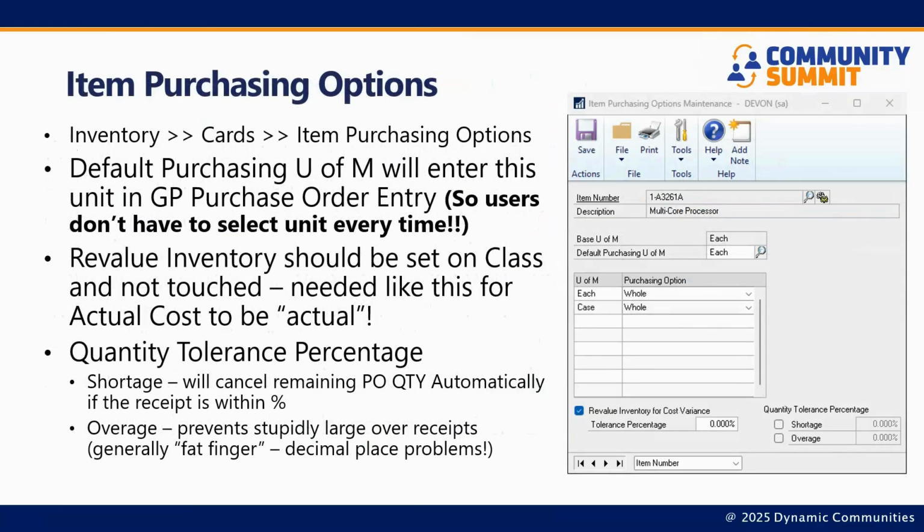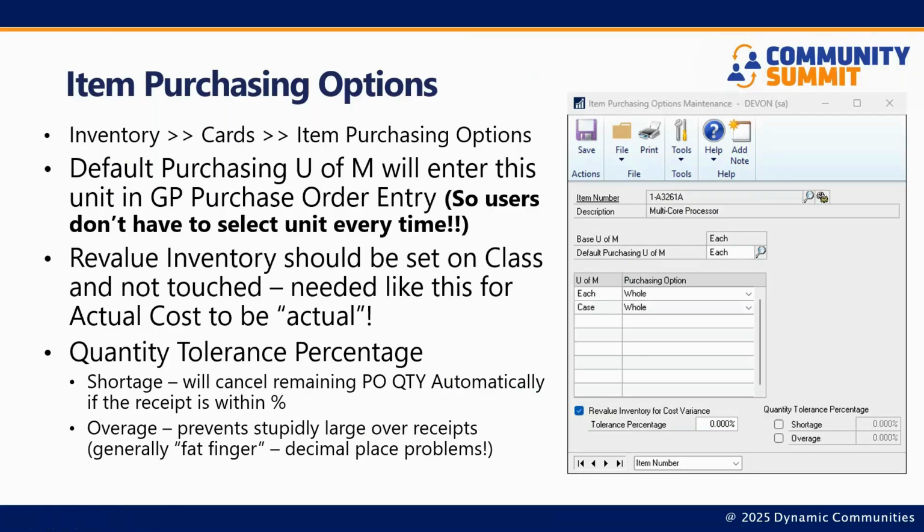But we're not done with them, because there are some places in GP where putting in units of measure help everyone. So first off is the purchasing options. So item purchasing options, again, cards purchasing options. This is where you can put in a default purchasing unit of measure. So even if this is the same as base, this just makes the purchaser's lives a heck of a lot easier.